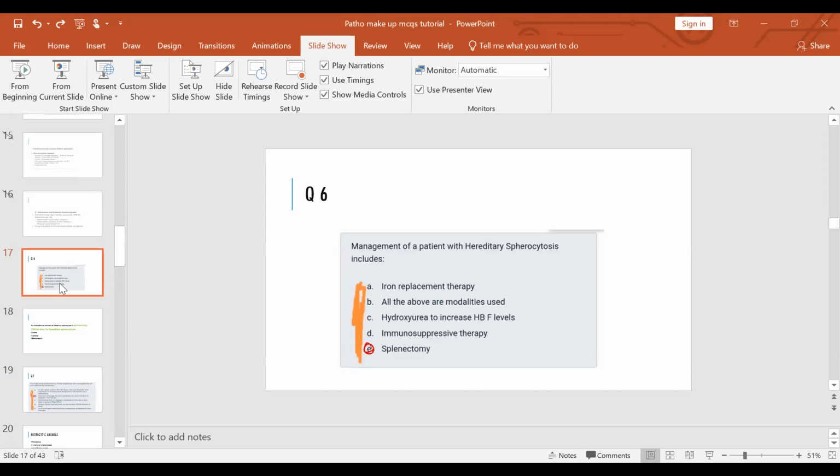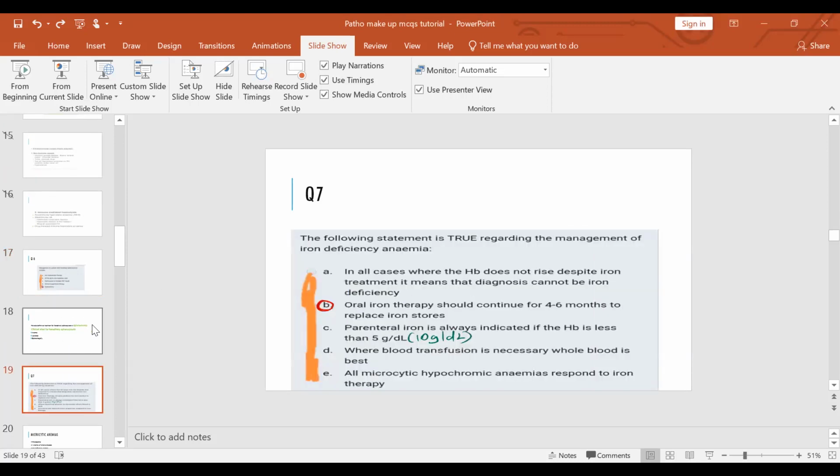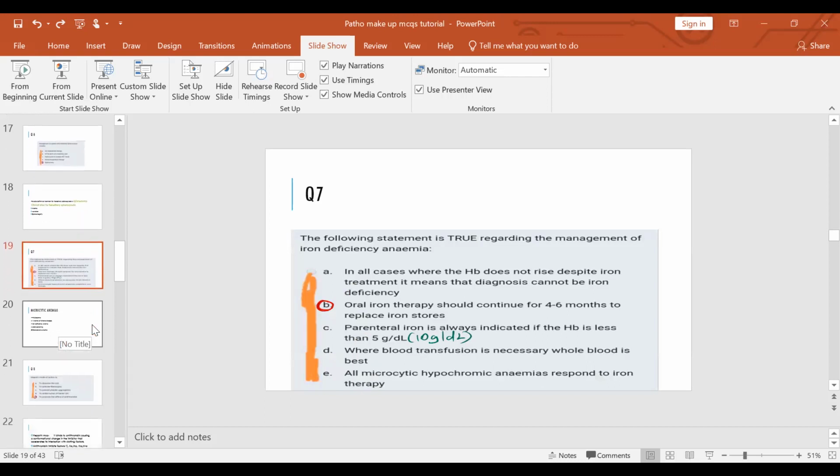You're welcome. Question 6. Oh, we've already done that. Question 7. The following statement is true regarding the management of iron deficiency anemia.